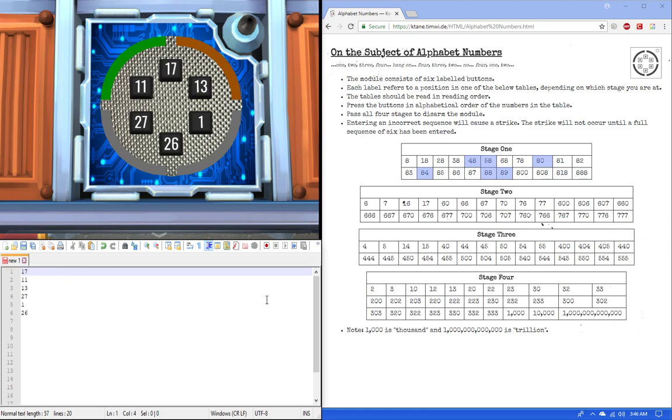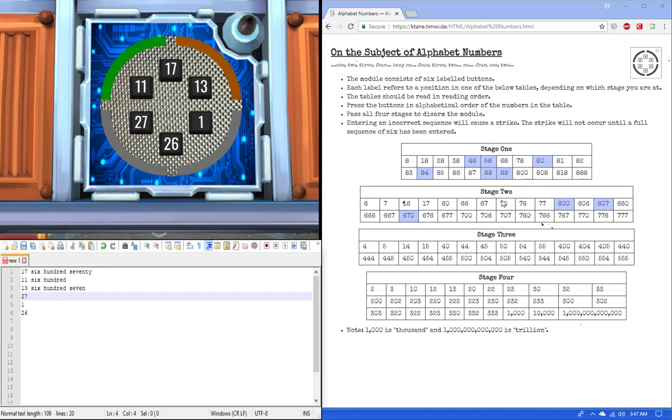Starting off with the 17 here, this is going to be 14, 15, 16, 17 is 670. 11, 14, 13, 12, 11 is 600. 13 is going to be there, which is 607.